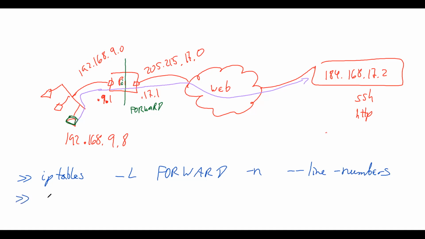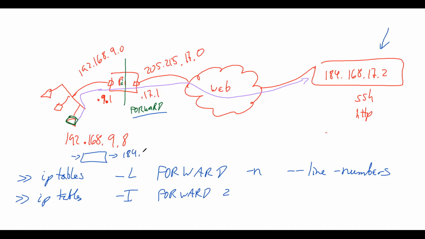And now we can add the rule. So I'm going to say iptables dash I. Remember, it needs to go in the forward chain. So forward, and then position 1 or 2, whatever you want. And now, the key thing here, we want to block by this IP address. Therefore, a packet that starts from here will be going to 184.168.17.2.